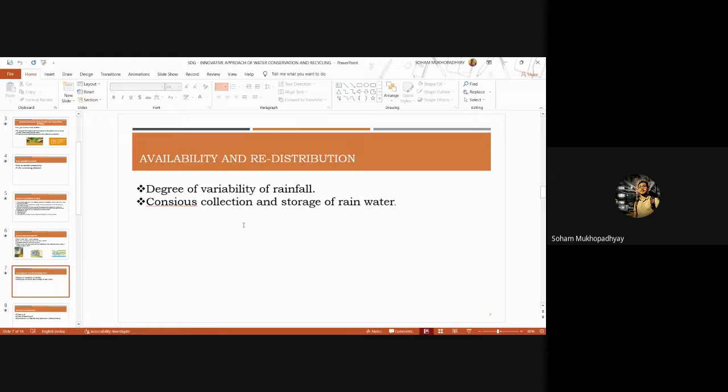We can use tankas for that. Tankas will be explained later on. Our member Sumit will be explaining the same. The improved Tanka designs developed and demonstrated by the Central Arid Zone Research Institute, CAZRI, have got wide acceptability in the region.